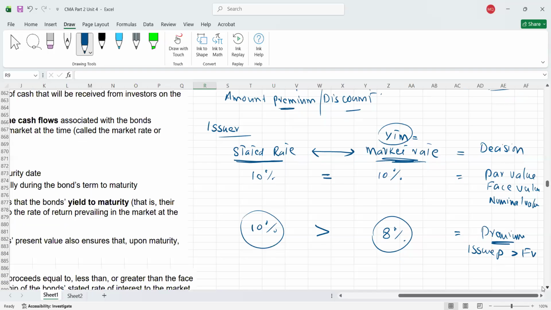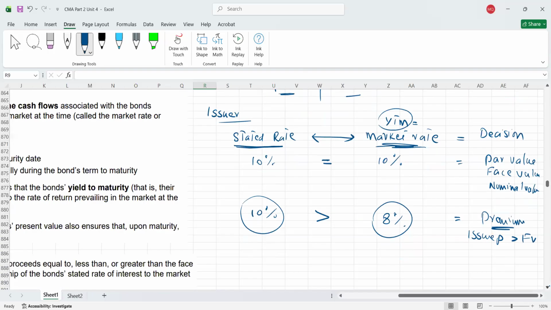Then the third scenario. Let's assume the stated rate is 10%, which is written on the bonds, and it is lower than the market rate. For example, in the market the rate of interest is 12%. So see what's happening here. The bonds will be issued at discount.